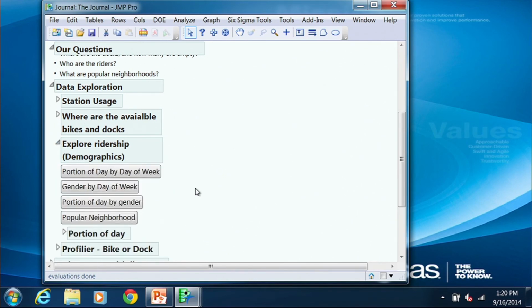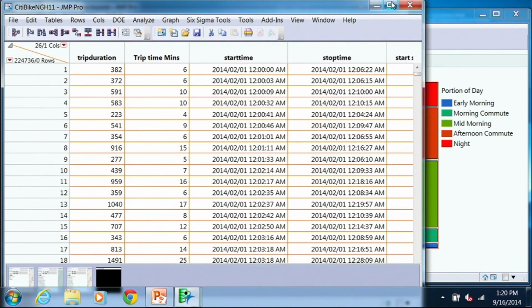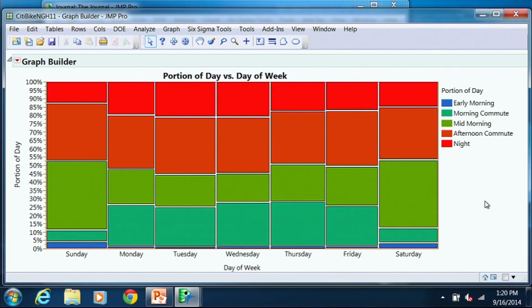So now we have time of day, but what portion of the day? So we split the data up, and this becomes important in how you label things in JMP. So we have portion of the day. Now I have to explain what portion of the day.